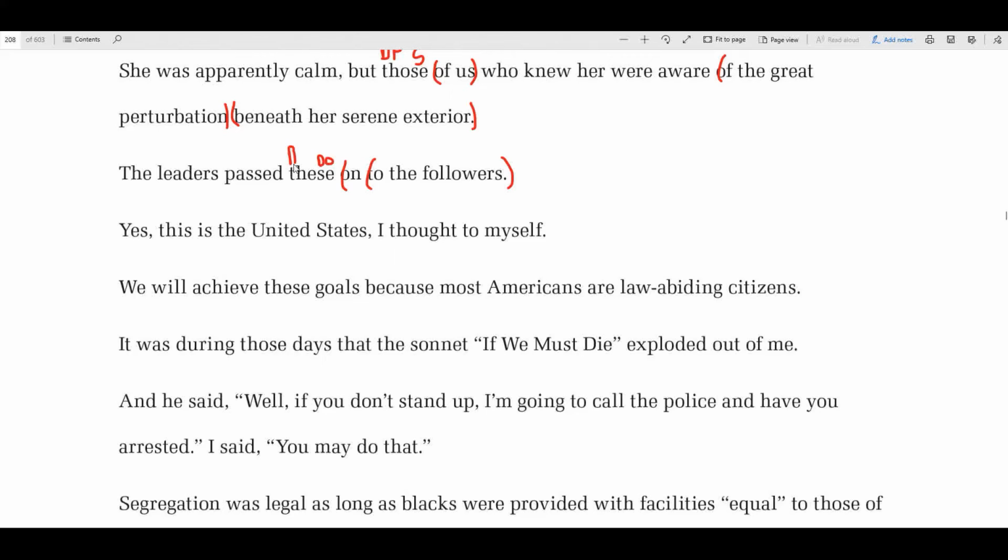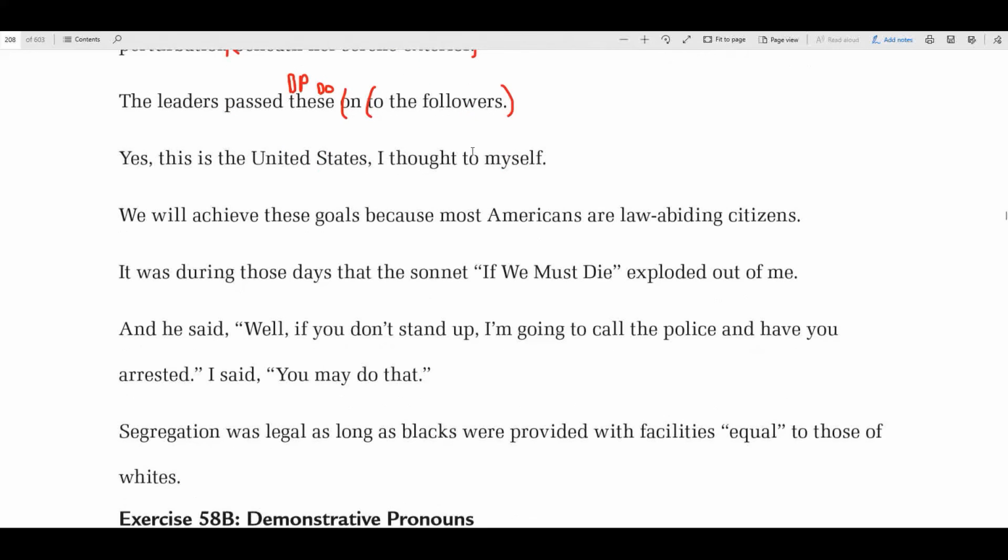"Yes, this is the United States, I thought to myself." Okay, I'm doing that. Okay, this is, I do believe, it doesn't answer which one. I do believe this might be the subject.